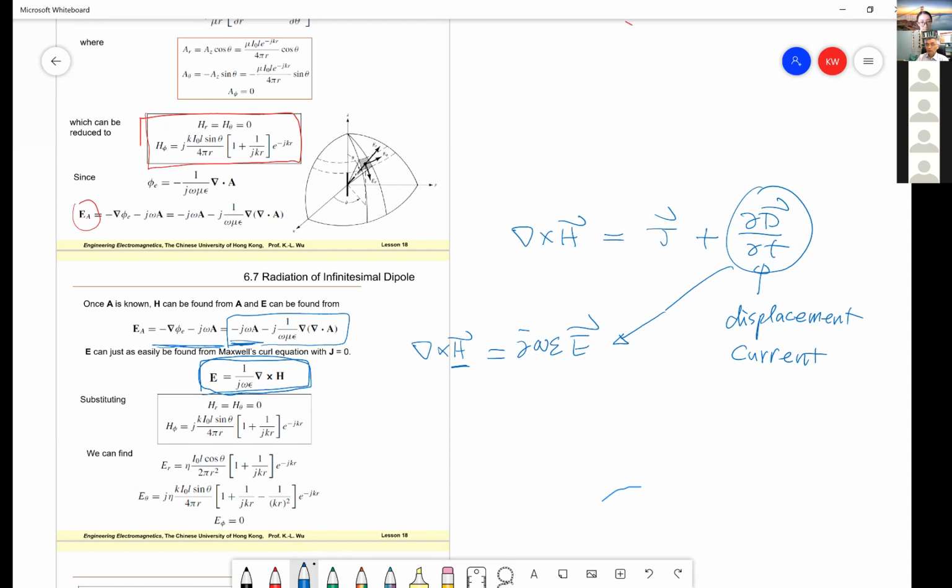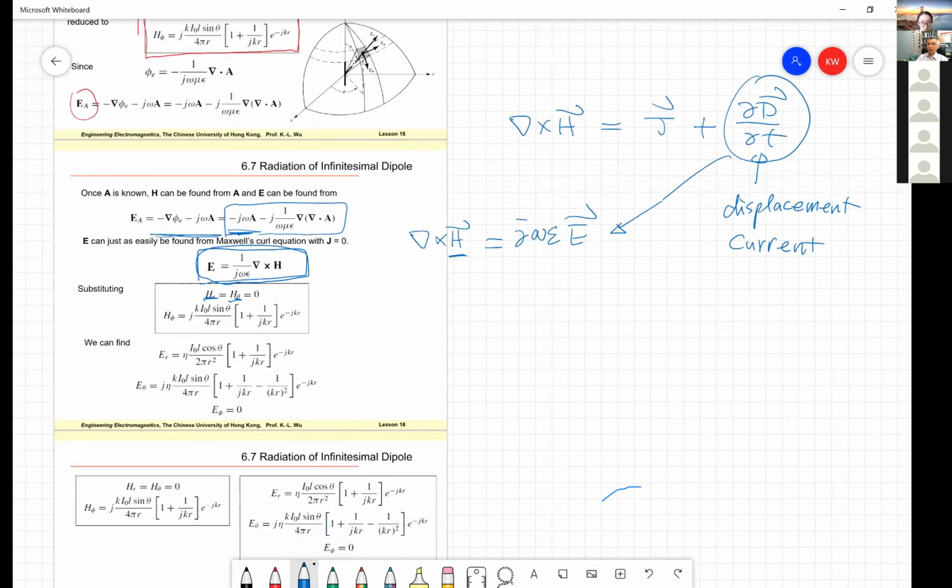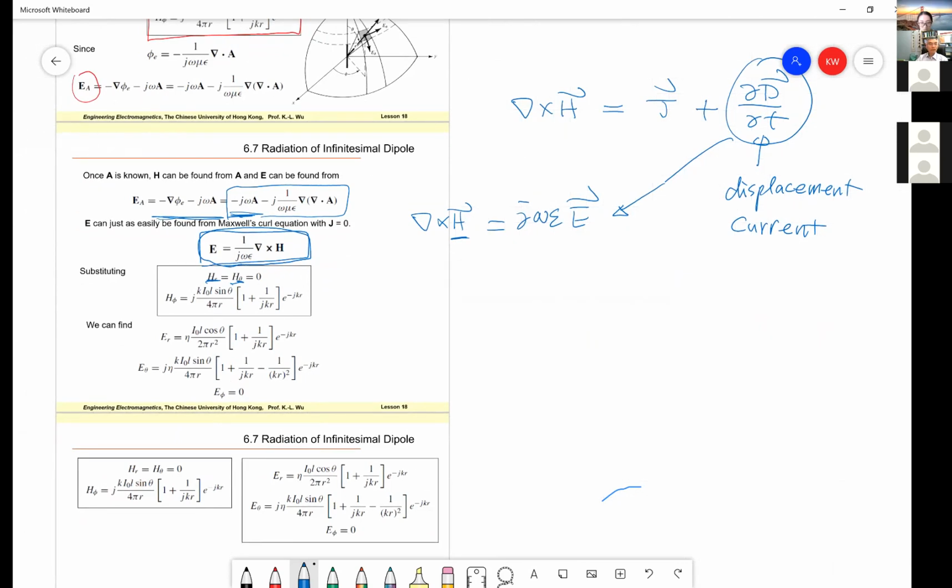Then we know the magnetic field's r component and theta component are 0. We only have a phi component. Then we take the curl of the magnetic field, okay? Very straightforwardly, we can find the electrical field.